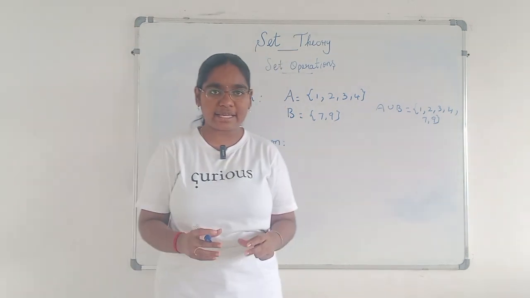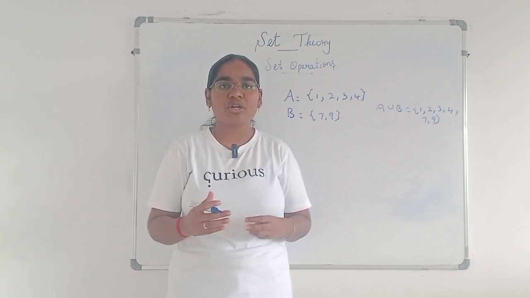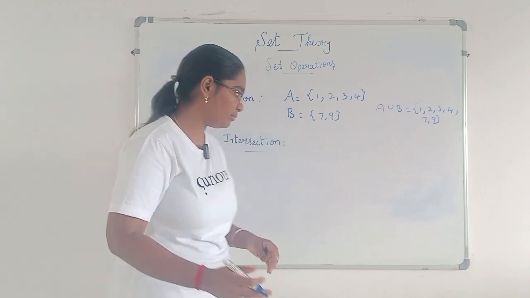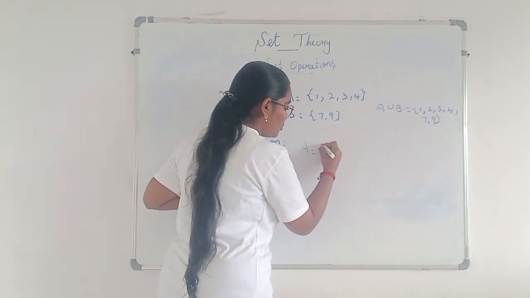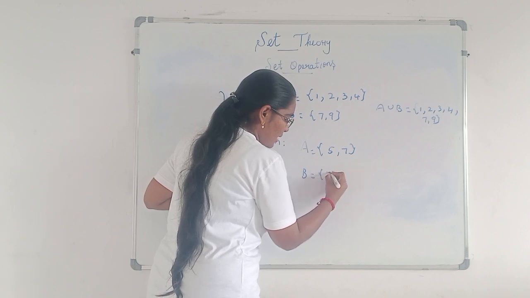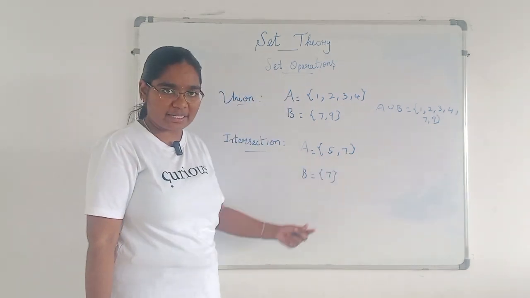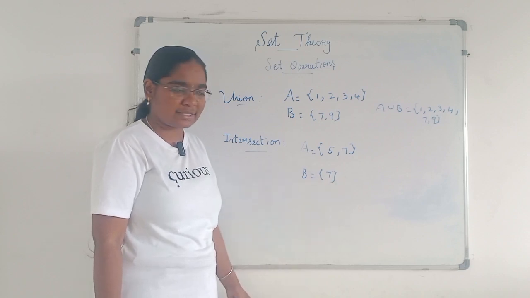Intersection. In intersection, you will write the elements common to both of those sets. Here, A equal to 5, 7 and B equal to 7.